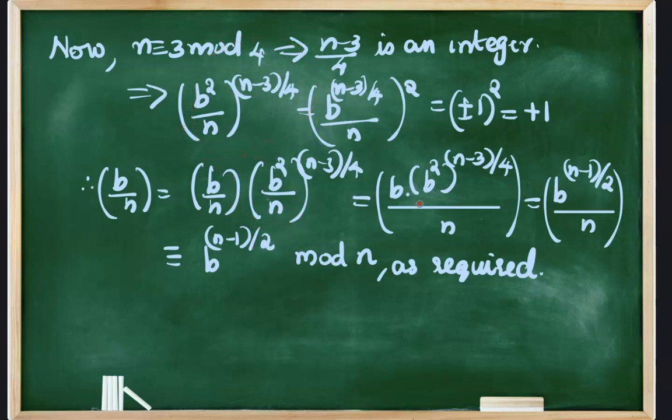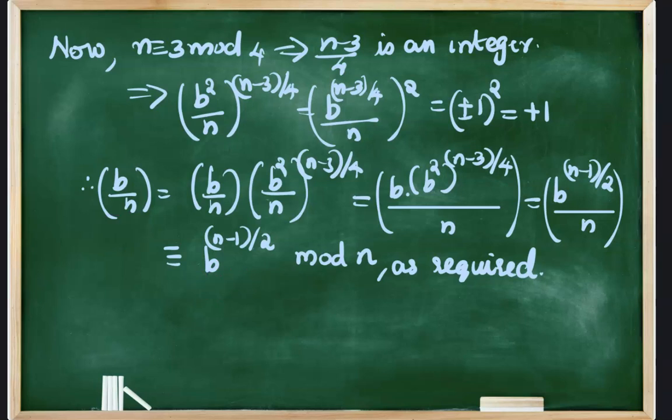And we can combine these two Jacobi symbols as (b·(b^2)^((n-3)/4)/n). And this product will be (b^((n-1)/2)/n), and we know that this will be congruent to b raised to (n-1)/2 modulo n, and hence we have obtained that (b/n) is congruent to b raised to (n-1)/2 modulo n as required.